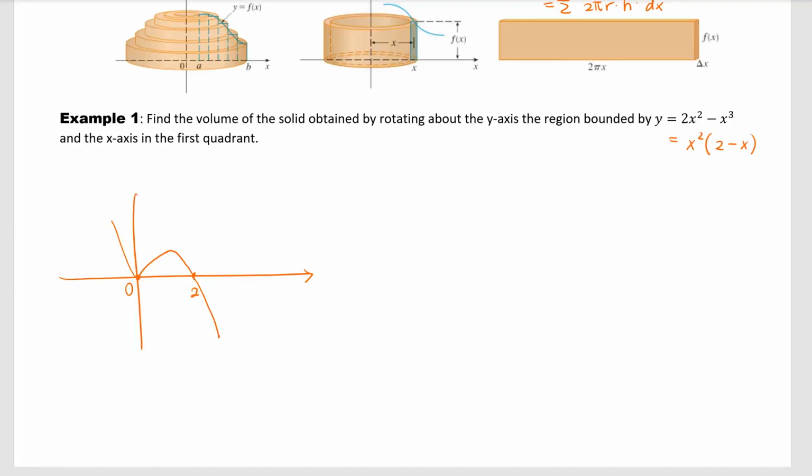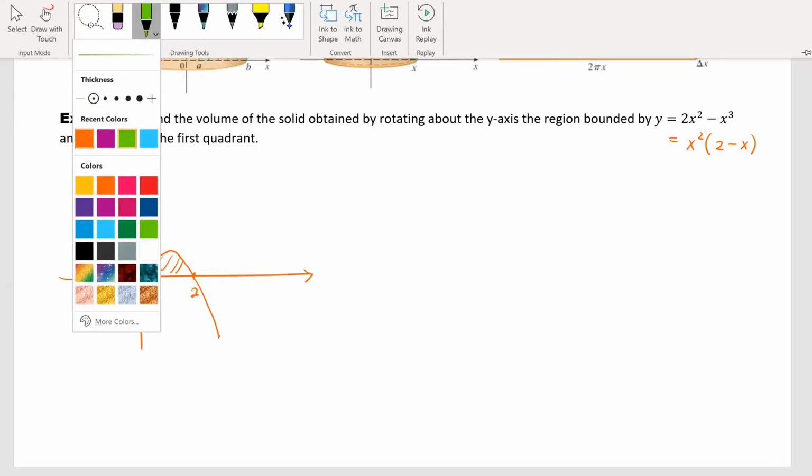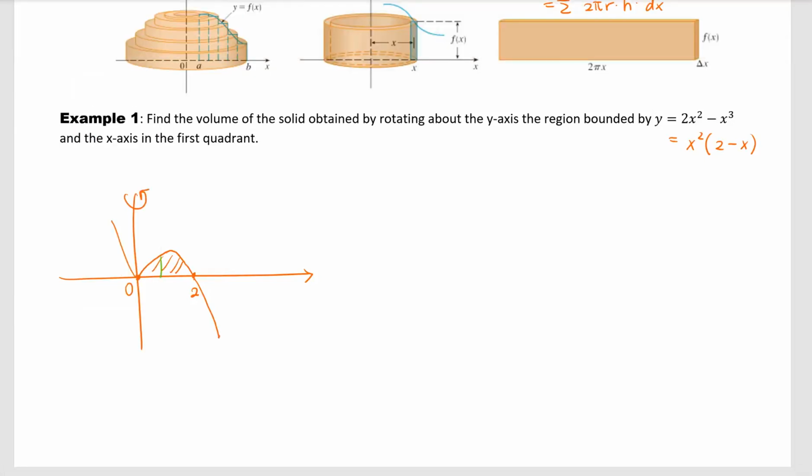Okay, and we want to find the volume of the solid obtained by rotating about the y-axis, and the region is bounded by this curve and the x-axis. So this is the region. We want to rotate about the y-axis. In this example, we must cut it vertically. Why?